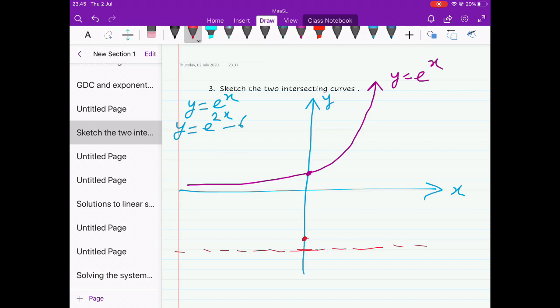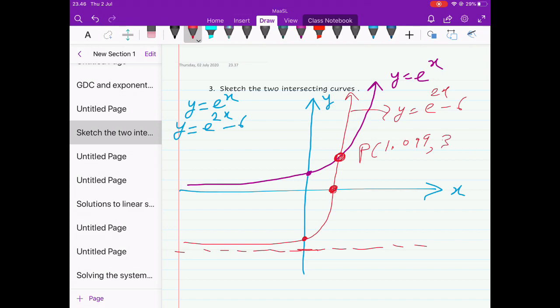Somewhere like this. We know the shape of the curve is like this. This is the point of intersection, and this is the curve y is equal to e raised to power 2x minus 6. We can mark this point of intersection by P, with x 1.099, as we have already seen with the calculator, and y is 3. So that's the sketch.